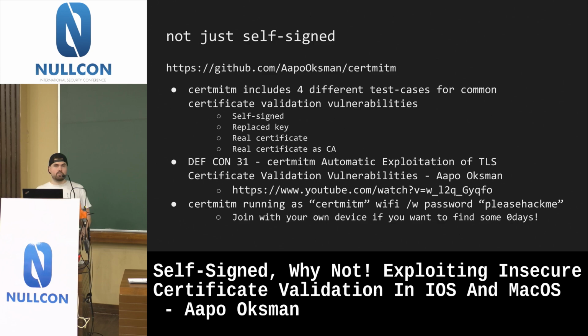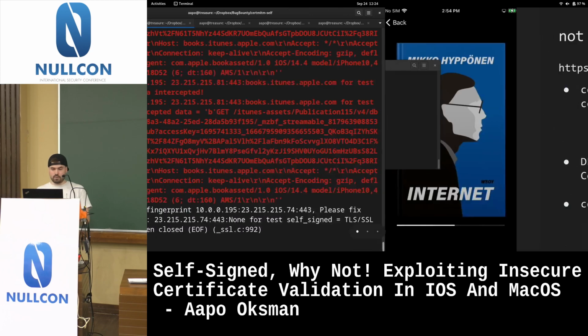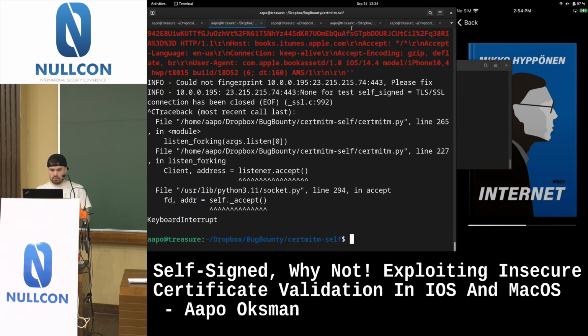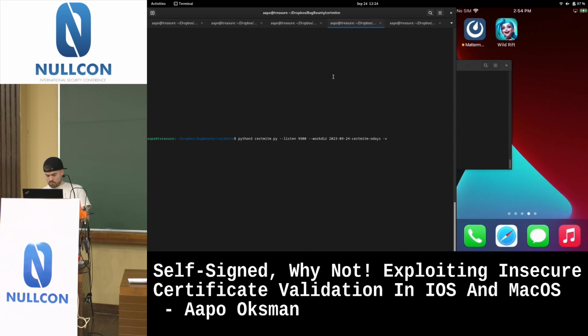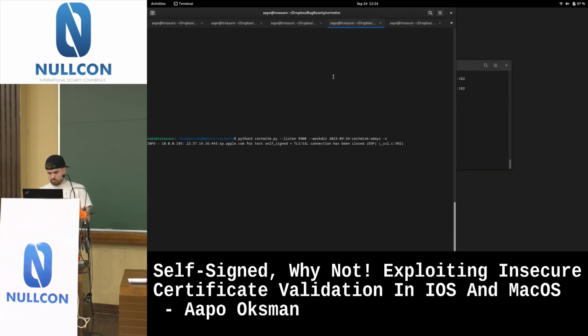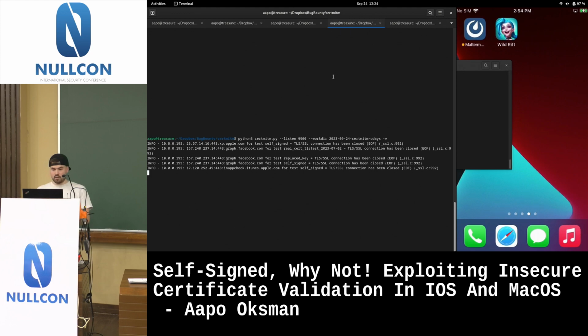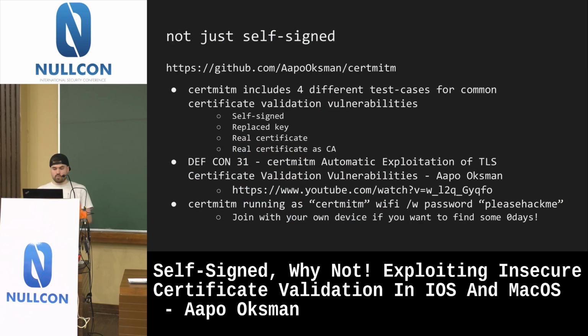And currently, there is Certmitm running, Certmitm Wi-Fi with password please hack me. I will do a small change here. So it should be now intercepting stuff. So if you want to find some 0 days, join Certmitm with the password please hack me.